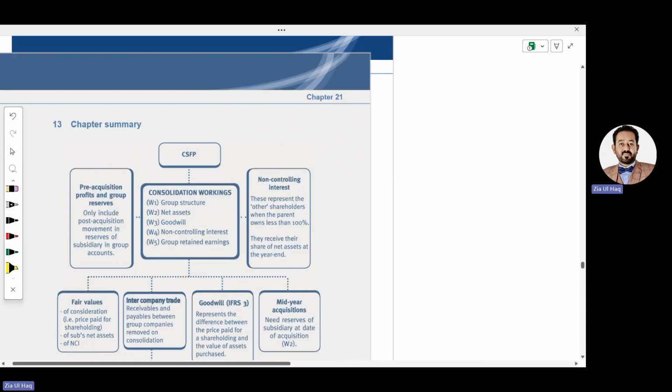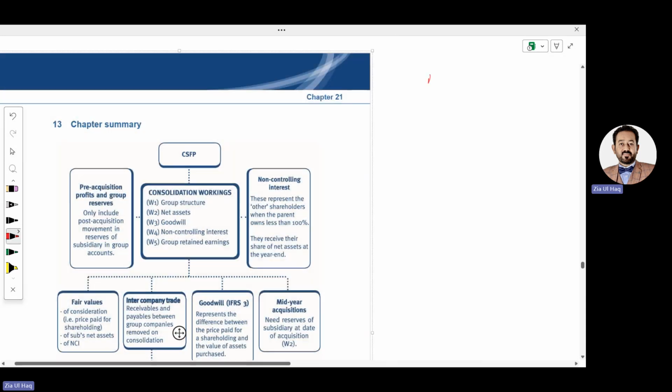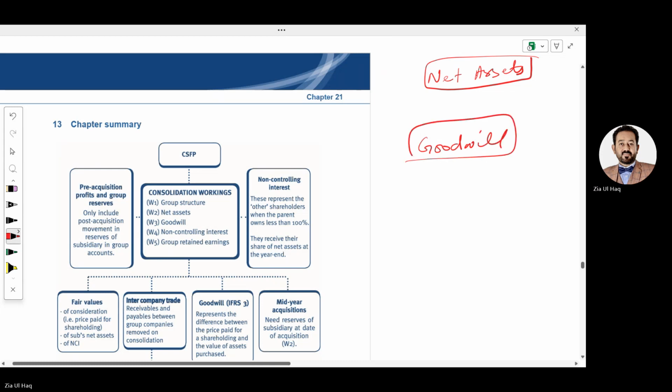So what we have learned are a few concepts: how to calculate net assets by using the subsidiary's reporting date figures. How to calculate goodwill: consideration paid plus fair value of non-controlling interest minus fair value of net assets acquired. How to calculate retained earning for consolidation purposes: parent company retained earning plus subsidiary share of profit minus unrealized profit relating to intergroup transactions.